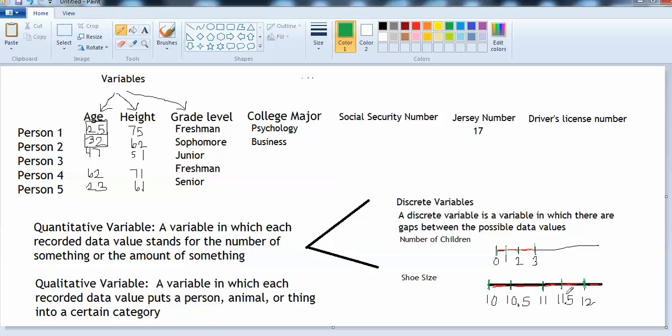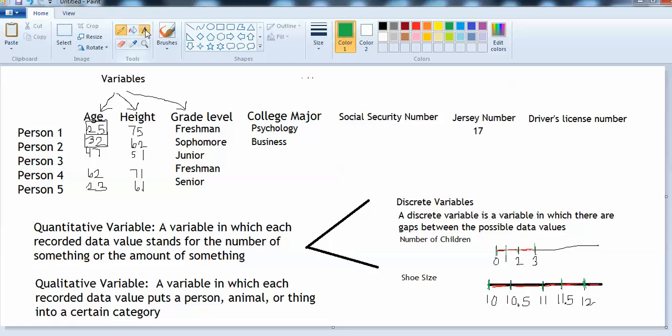If you buy a small container, I think they maybe sell quarter gallons, so if you bought a full gallon and a quarter gallon, you could buy 1.25 gallons of milk. But there are gaps between the possible values, because a person might never be able to buy 10.8 or 1.8 gallons of milk. So that might also be discrete.